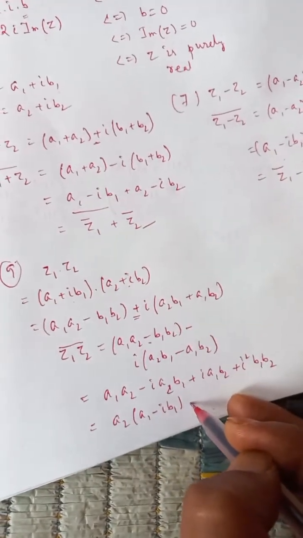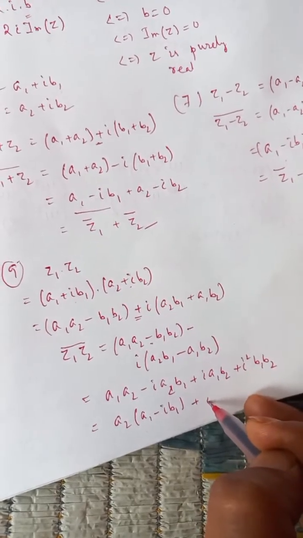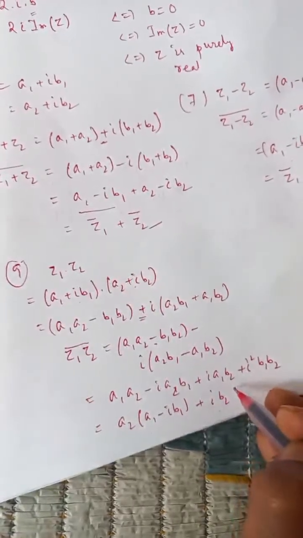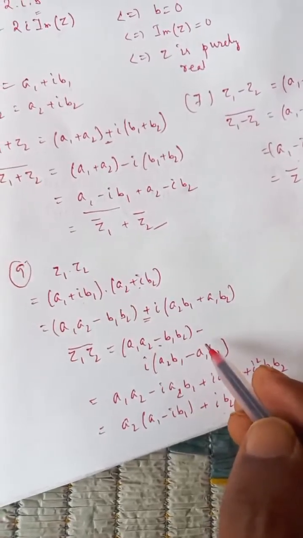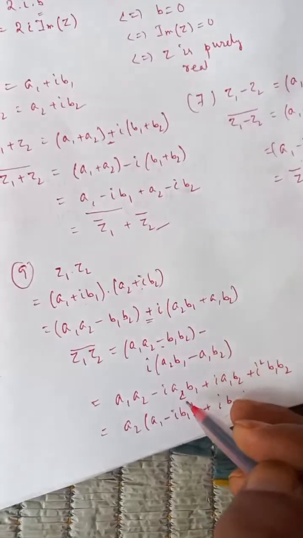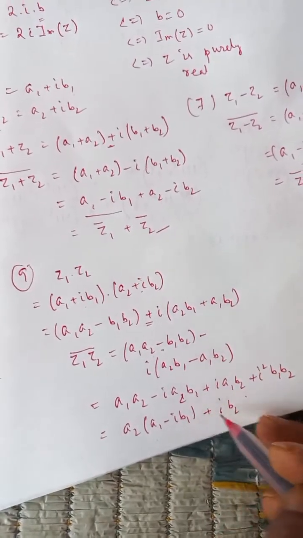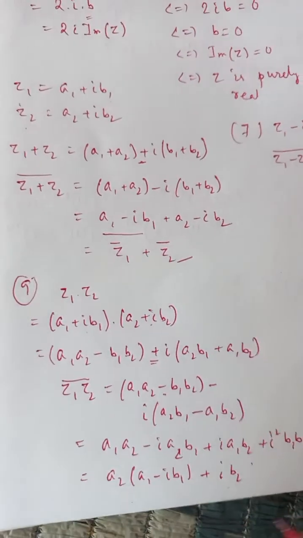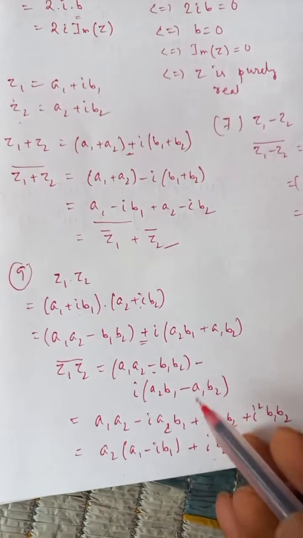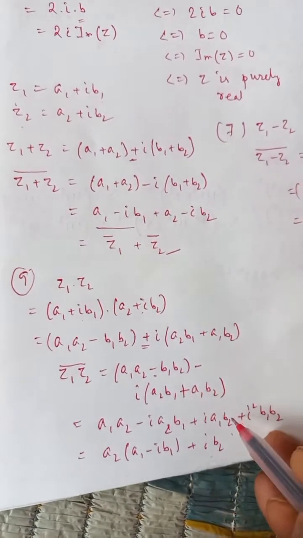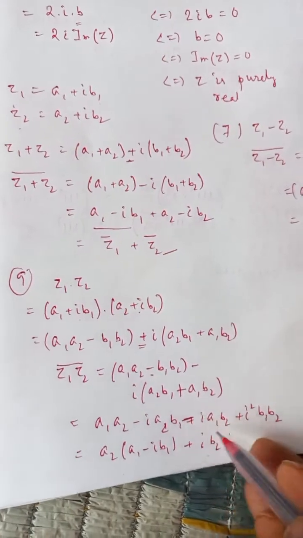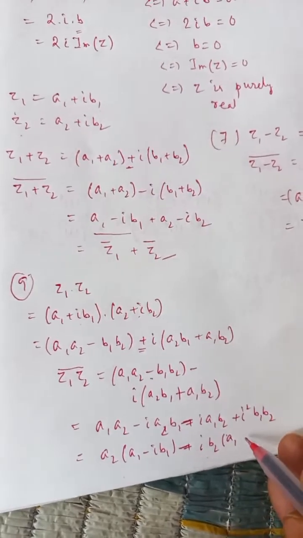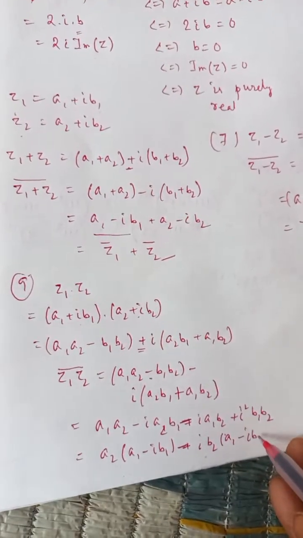Here, plus actually, not minus. So this will be minus iota b2 times a1 minus iota b1.